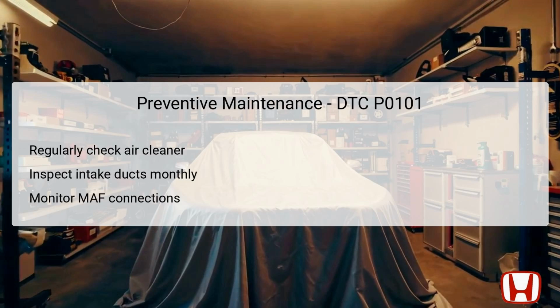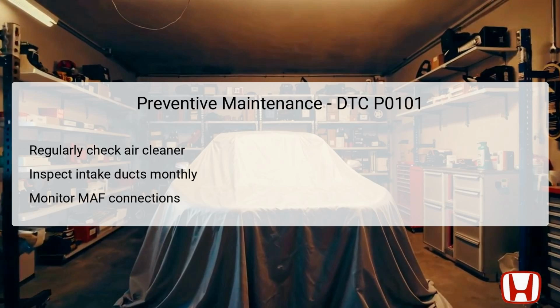Preventive maintenance is vital for avoiding DTC P0101 in the future. Regularly checking and replacing the air cleaner element will help prevent airflow restrictions that could impair the MAF sensor's functionality. It is also advisable to inspect intake ducts on a monthly basis for signs of wear, damage, or looseness.